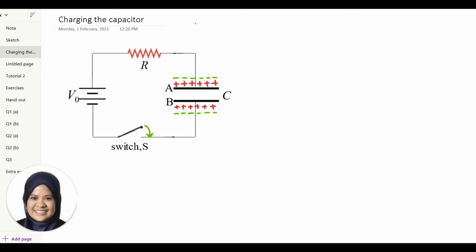Okay, so apa yang berlaku bila switch is closed ataupun elektron can flow? Elektron akan bergerak daripada negative terminal of the battery.